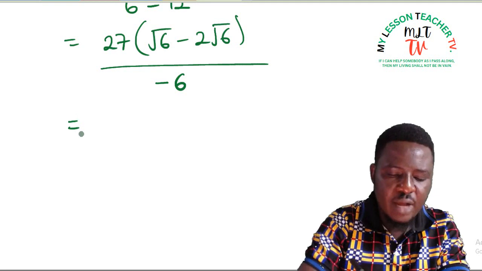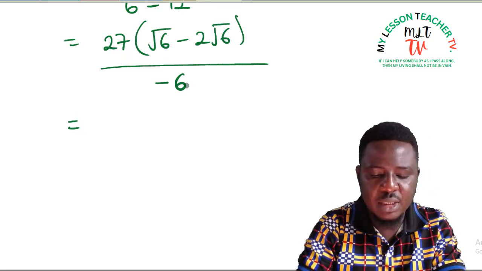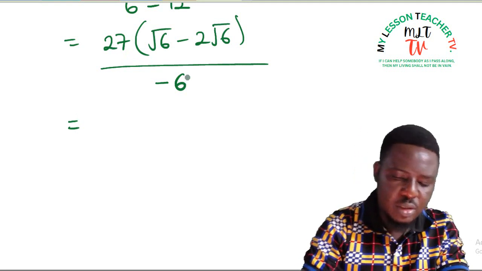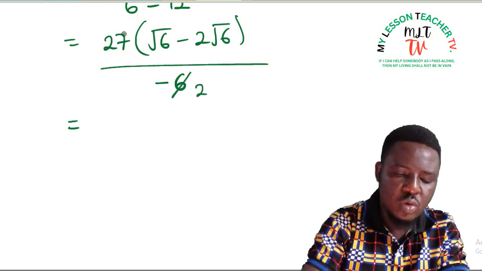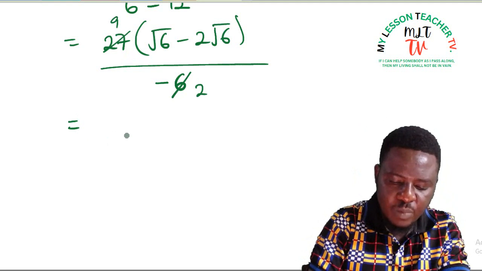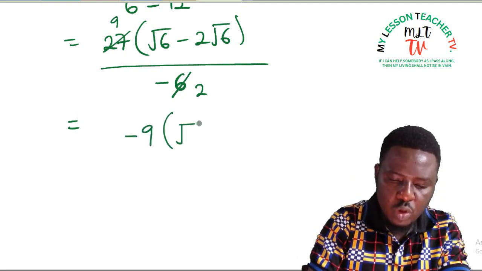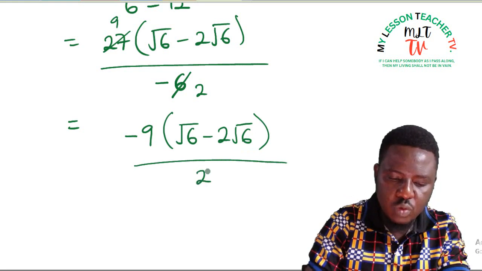So simplifying this further, you agree with me that 3 is a factor of 27 and 6. So 3 into 6 is 2, 3 into 27 is 9. And this is said to be equal to minus 9 into root 6 minus 2 root 3 divided by 2.